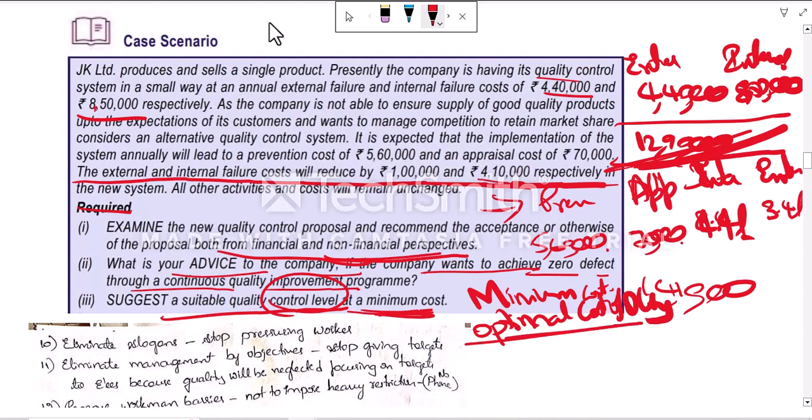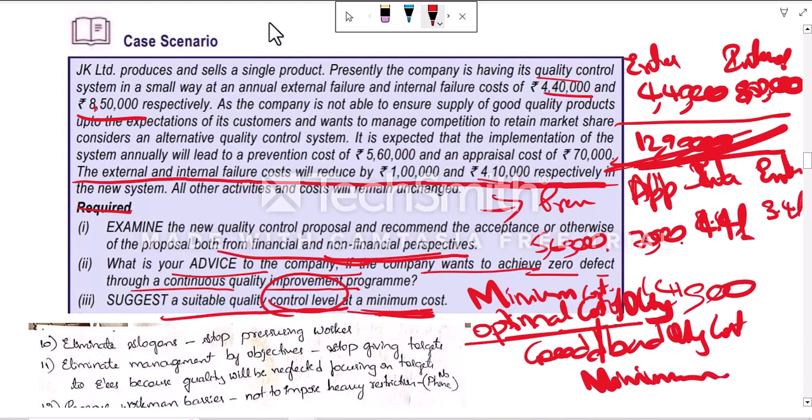Here both good and bad quality costs are minimum. So at this point you can adopt the control level.